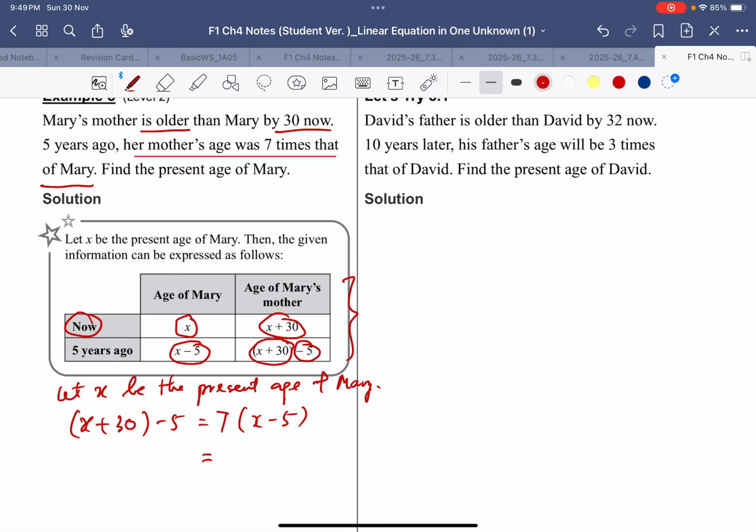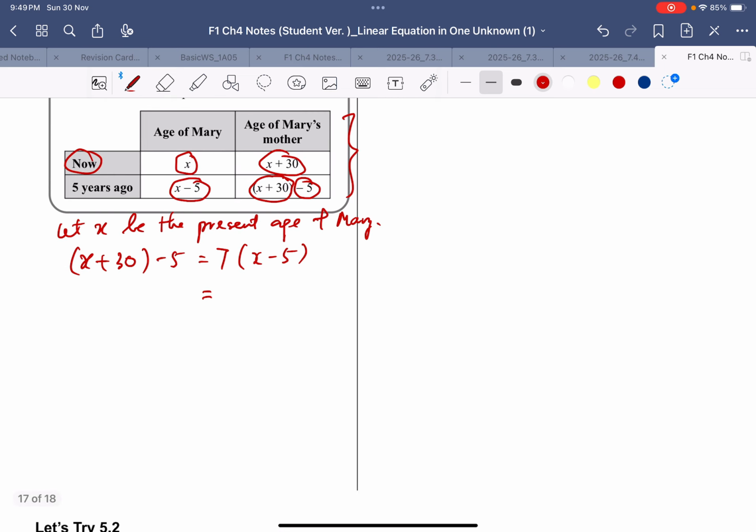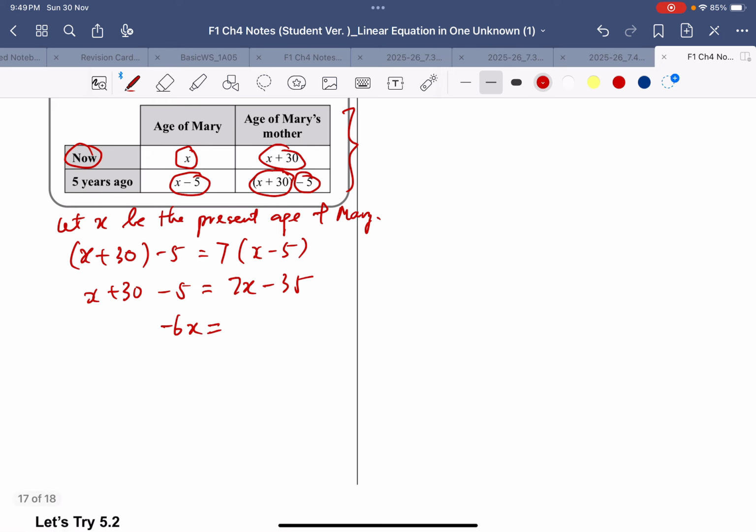So this is the required equation. And then solve for X. Remove the bracket first. Put X to one side, numbers to the other, and then you can easily find Mary's age. It should be 10. Mary's present age is 10.